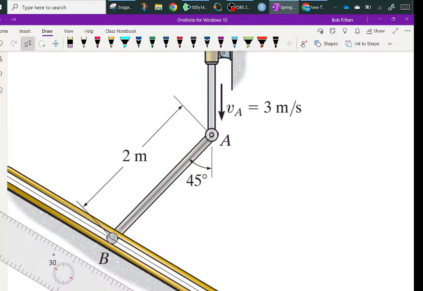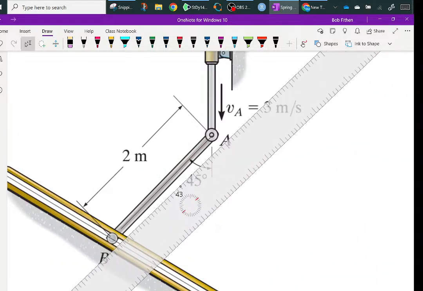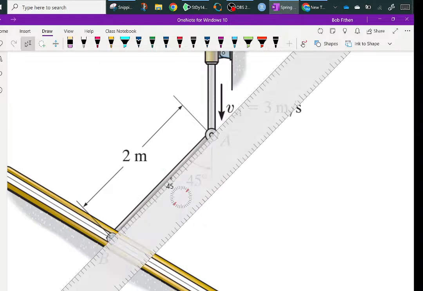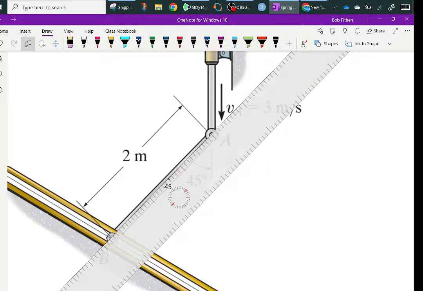Now, this distance right here is 2. So how many of these major ticks is 2? I'm just guesstimating it here.